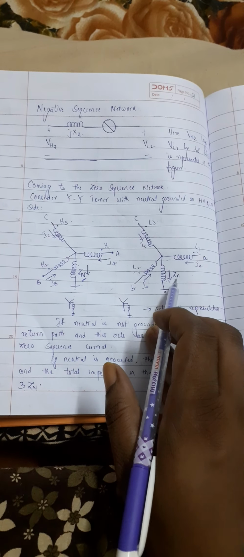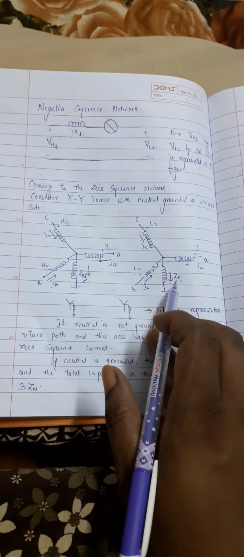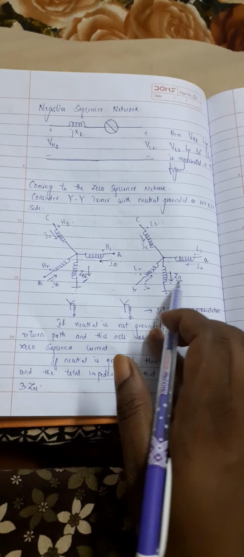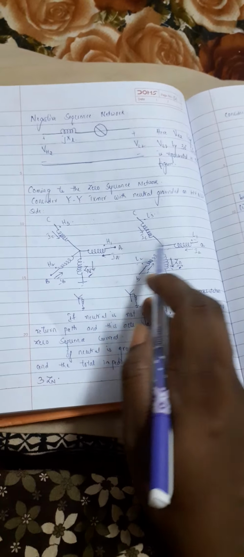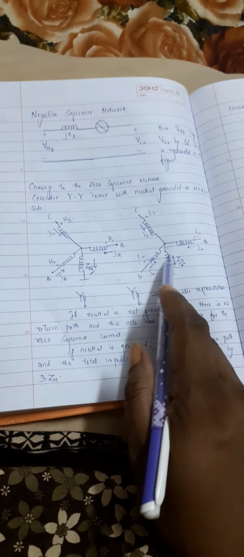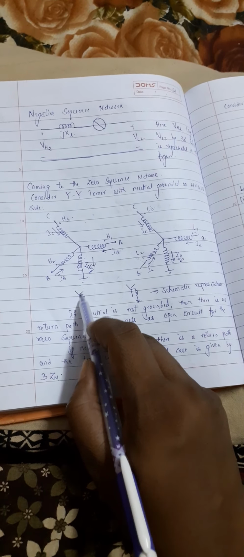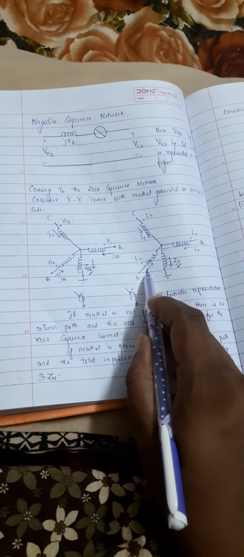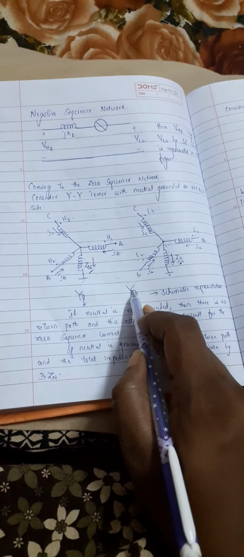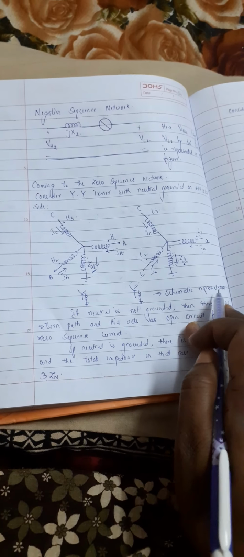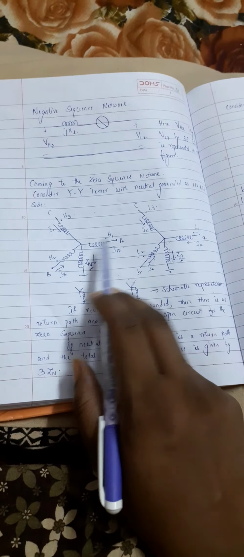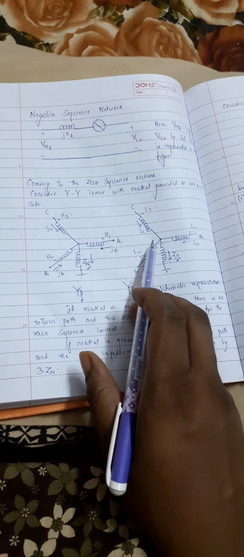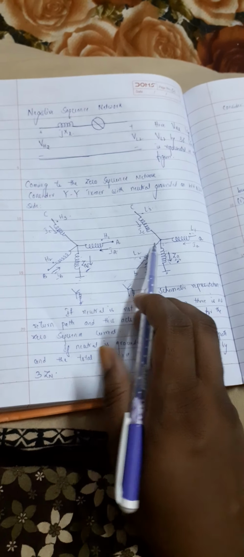The impedance of the neutral line is denoted by Zn, with N a small letter. The schematic of this star-star connection can be represented like this: star with neutral grounded, and on the low voltage side also star with neutral grounded. This is the schematic representation of star with neutral grounded on both HV and LV sides.